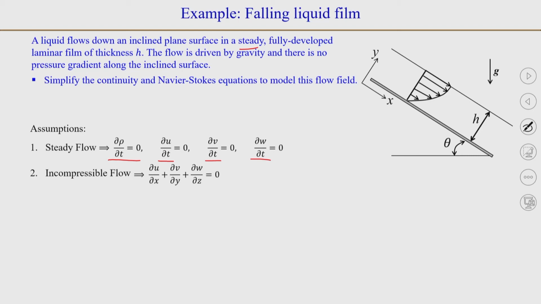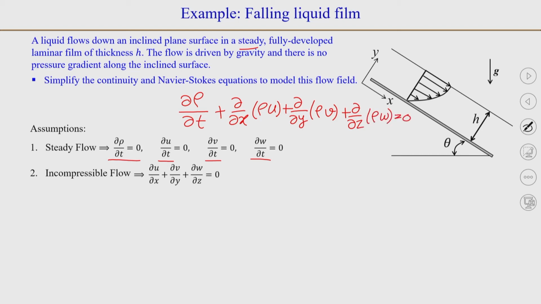Now, the flow is incompressible. So, when the flow is incompressible, our continuity equation, which is ∂ρ/∂t plus ∂/∂x of ρu plus ∂/∂y of ρv plus ∂/∂z of ρw is equal to 0. Okay.